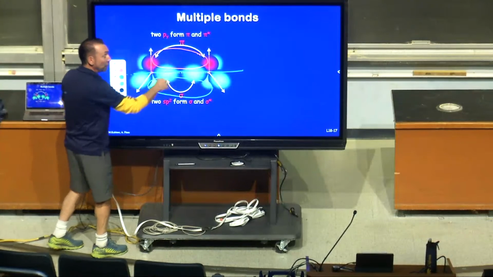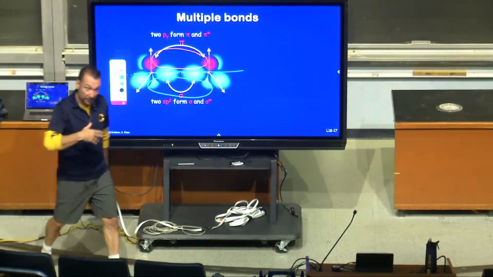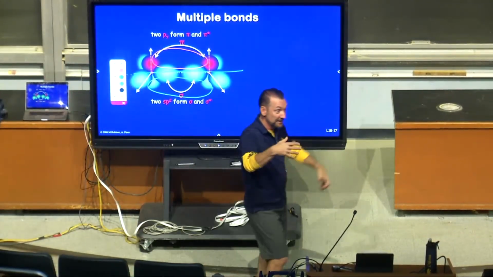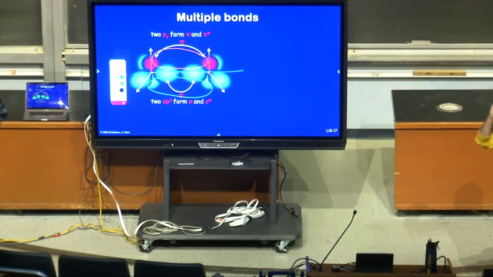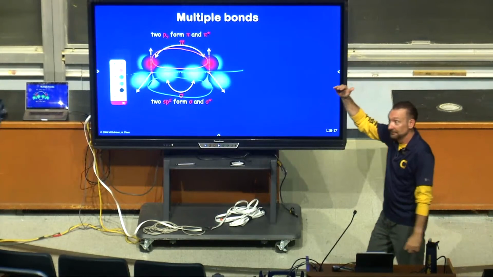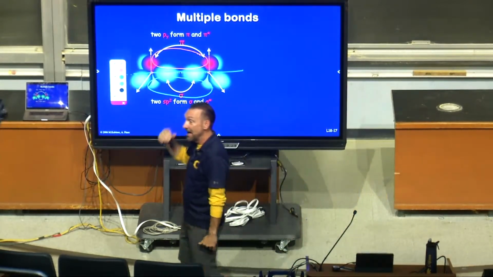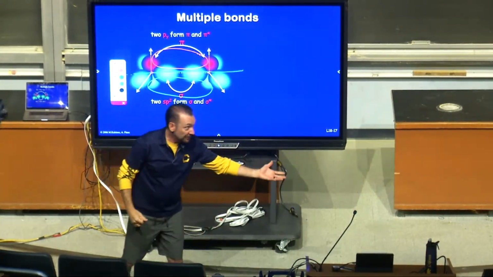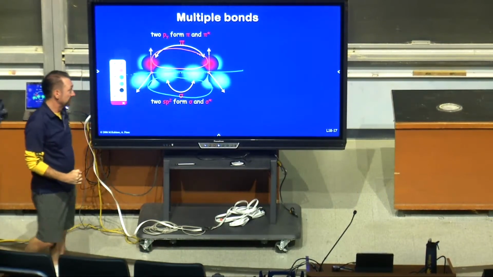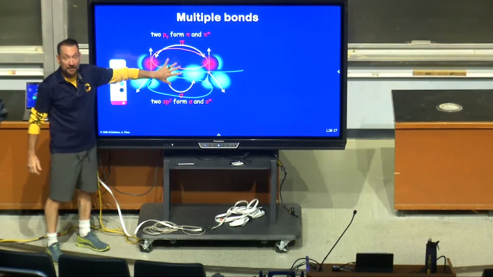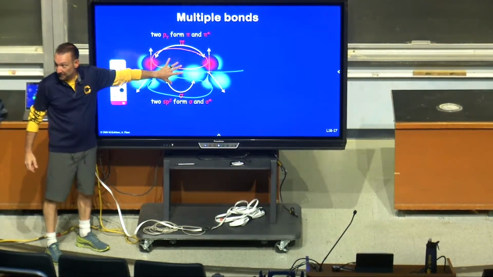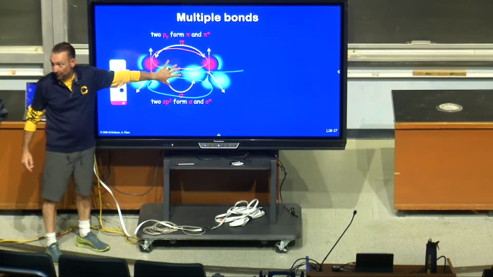The sigma orbital didn't have any nodes, so the pi orbital is slightly higher energy. Nodes go like energy. If you have more nodes, you have a higher energy orbital. That's what you're going to see on the exam tonight, of course. And here it is now in molecular orbitals as opposed to atomic orbitals.